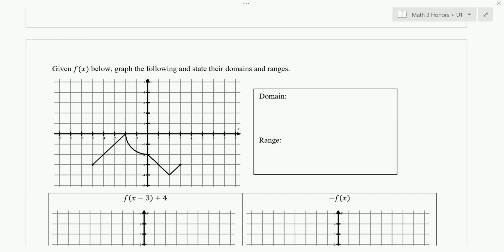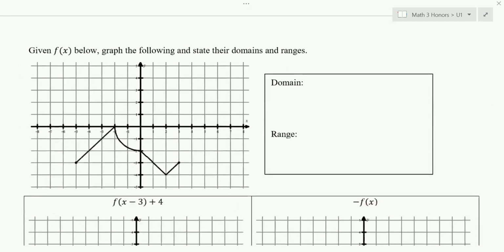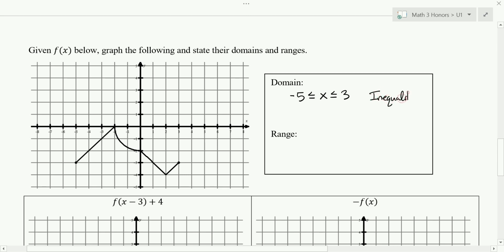Anybody feel comfortable sharing what they wrote on domain? Yeah, Diego? You guys agree? Okay, and so that's called inequality notation. And then we can also rewrite this in interval notation.